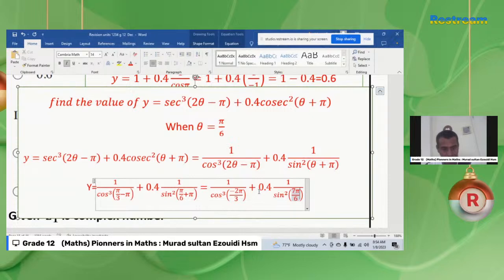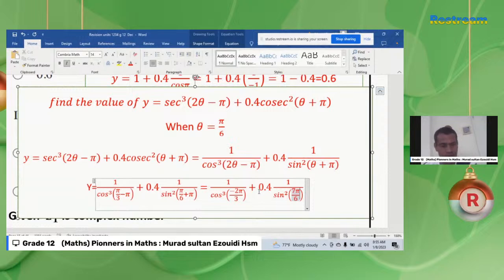Sine square of 7 shift pi, we have pi over 6, close the parentheses, then raised to the power 2, squared means.